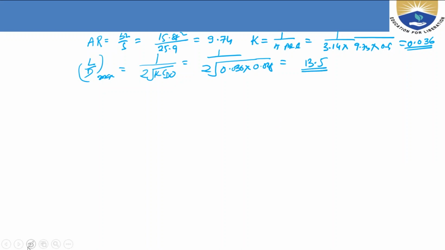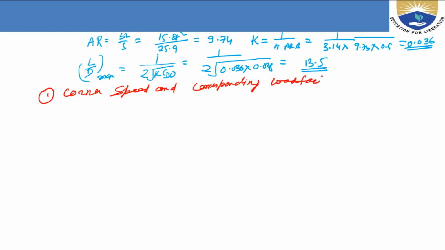So we have to start now with the given. First we have to find the corner speed and the corresponding load factor, turn rate and radius.